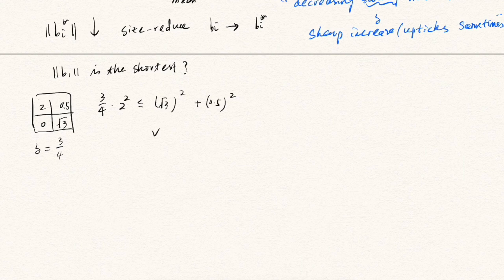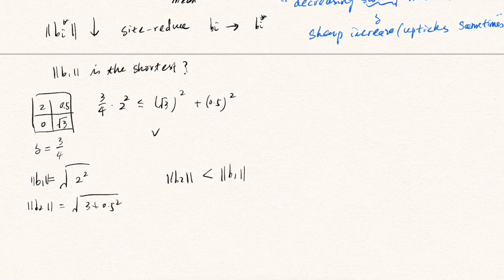But in terms of absolute length, B1 is 2, whereas B2 is 3 times 0.5 square. And apparently B2 is smaller than B1, right? And again, this is size reduced because this 0.5 is smaller than 1, half of 2. So it's both size reduced, and also the Lovász condition is satisfied.